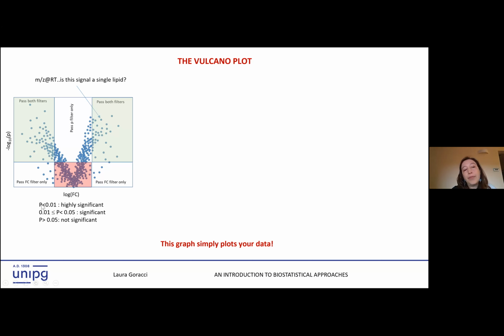In terms of p-values, usually in papers you find a 0.01 value to say that it is highly significant, or a value less than 0.05 to say that it is significant. But like Professor Subramaniam was saying yesterday, for fold change analysis this variation is much larger. It depends on the nature of your data.